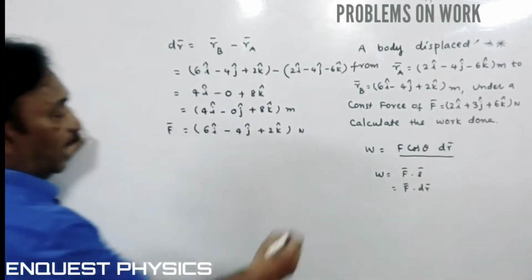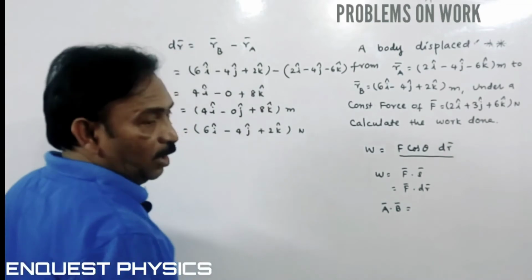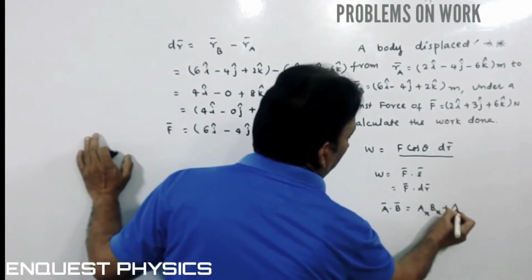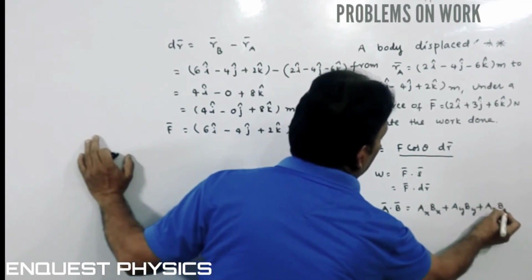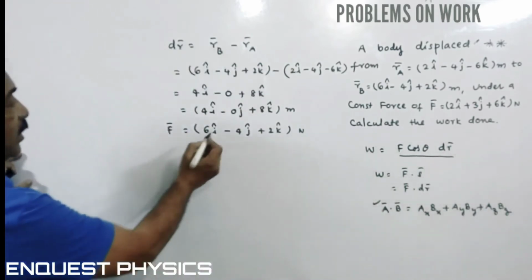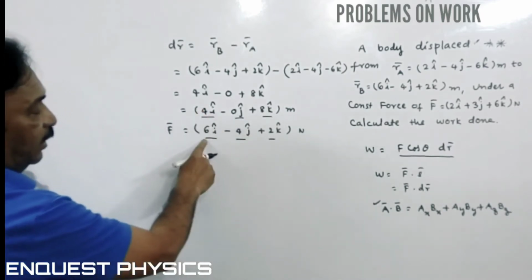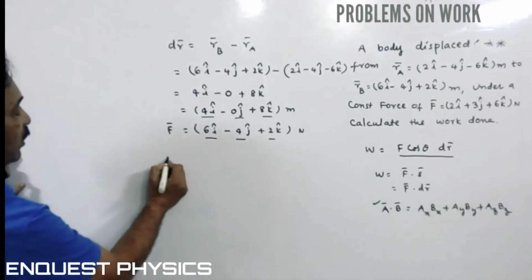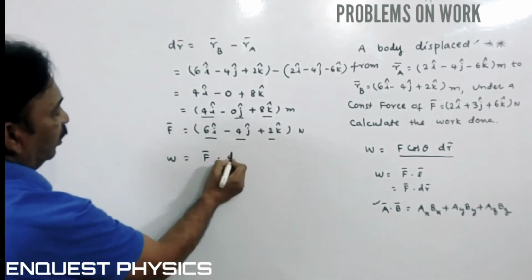You know that the dot product of the two vectors a bar dot b bar can be written as ax bx plus ay by plus az bz. We are using this relation here in this one. If you say it is a, that automatically is the b. Same way we are doing, that is W is equal to F bar dot s bar, I mean dr bar.